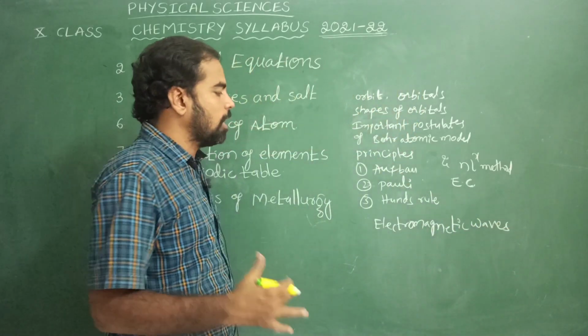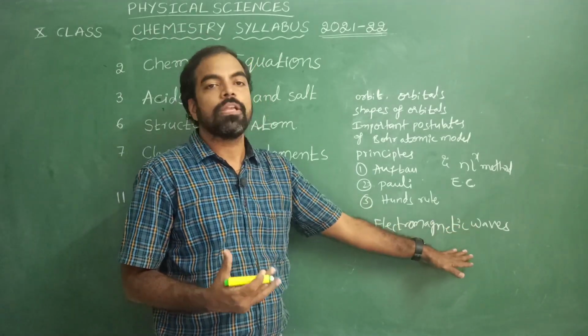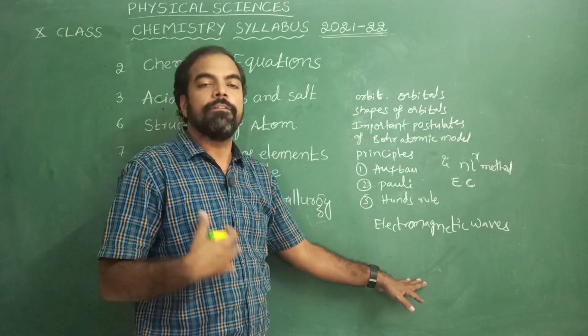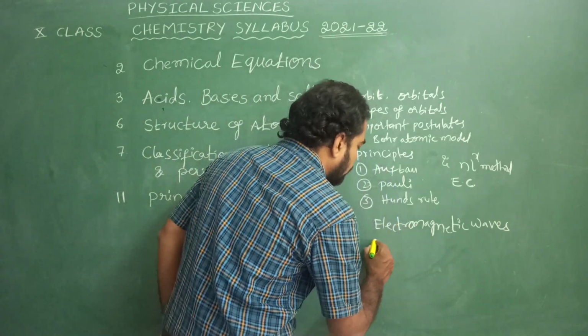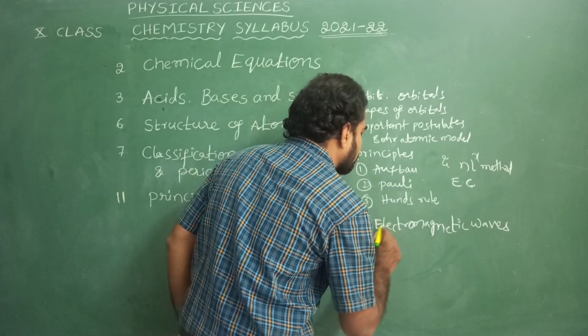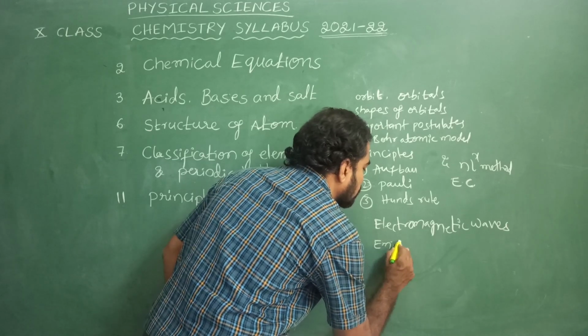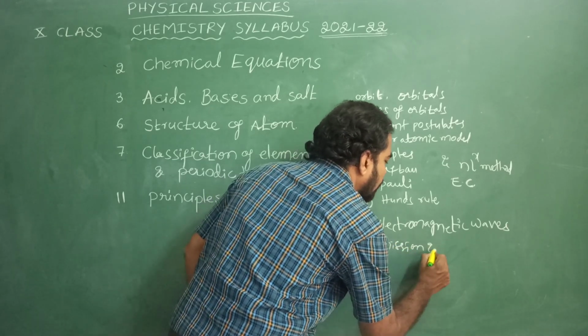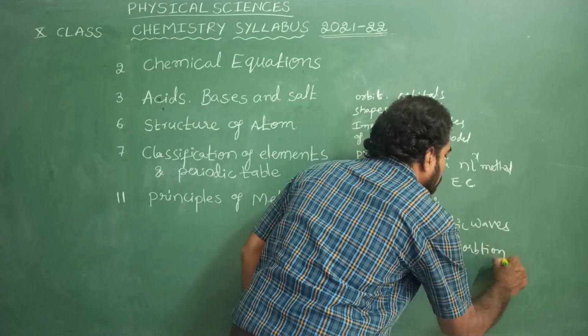What are electromagnetic waves? What are the characteristics of electromagnetic waves? Wavelength, frequency, velocity. Okay students, and emission and absorption spectrum.